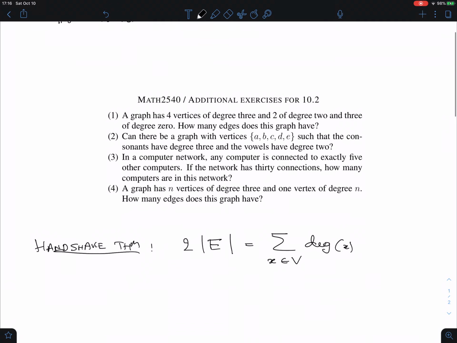And a corollary, theorem 2, says that the number of odd degree vertices, we don't know what it is, but it is an even number. So these are the two theorems that you use in handling this problem.